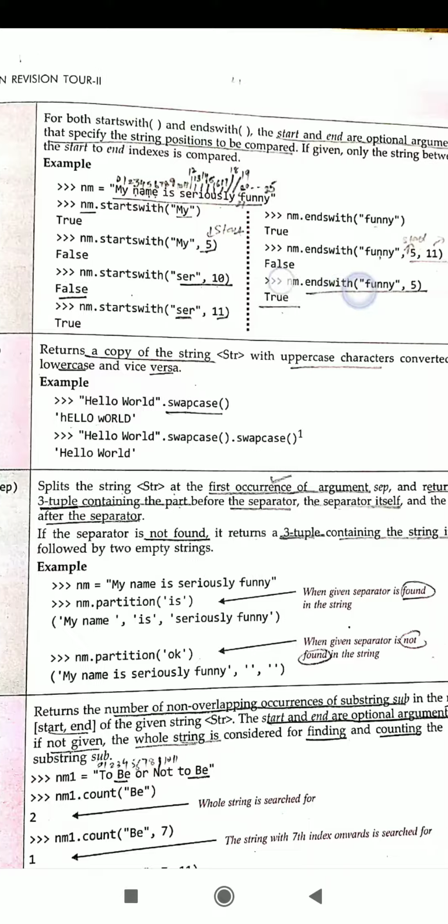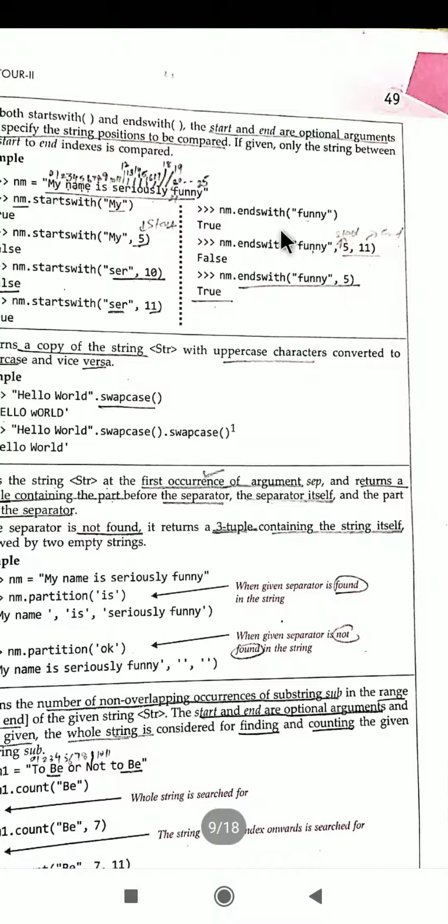Now consider this case. In this string we need to check whether it ends with funny. Here no starting and ending point has been described, so the initial point will be the very beginning of the string itself. We know that this string ends with funny, so it will return true.